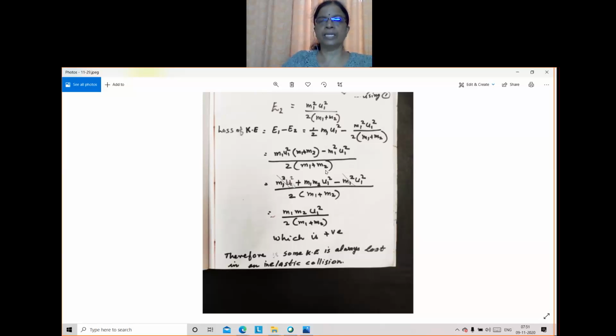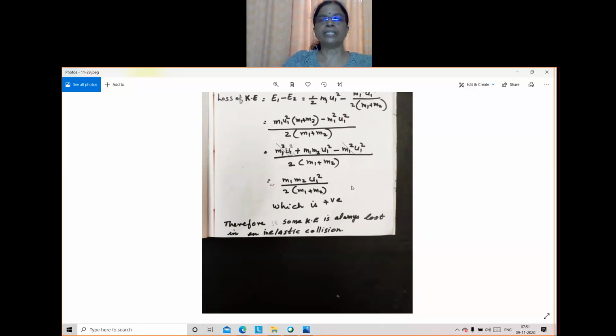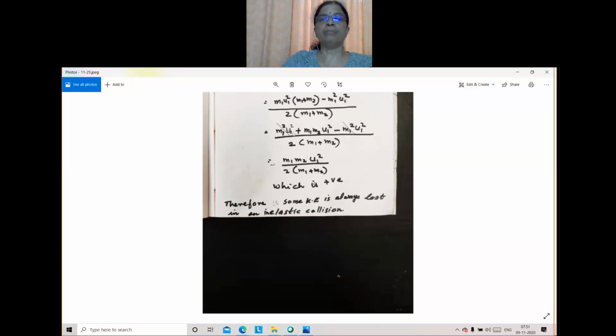Expanding: m1 square u1 square plus m1 m2 u1 square minus m1 square u1 square. The m1 square u1 square terms cancel. What remains is m1 m2 u1 square by 2 into m1 plus m2.